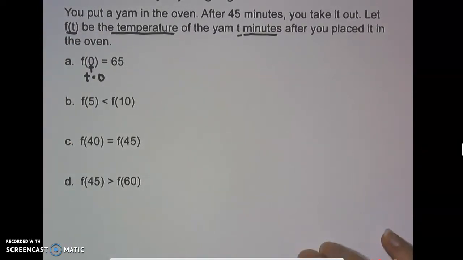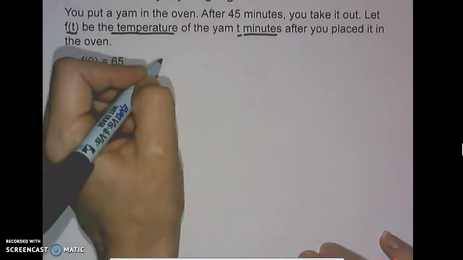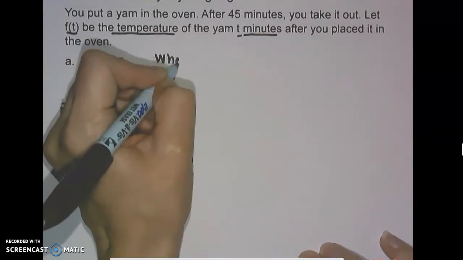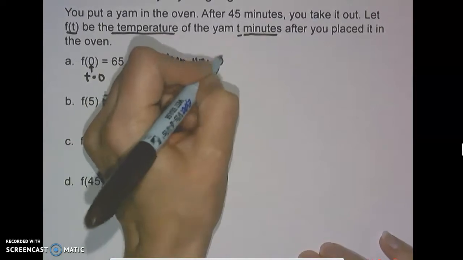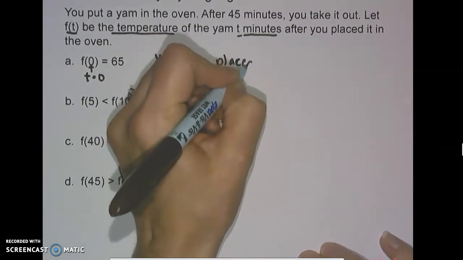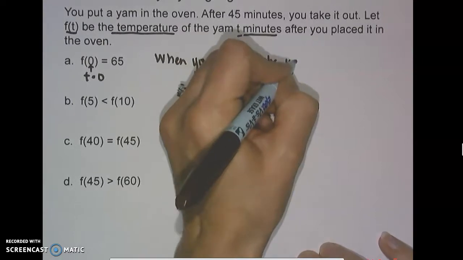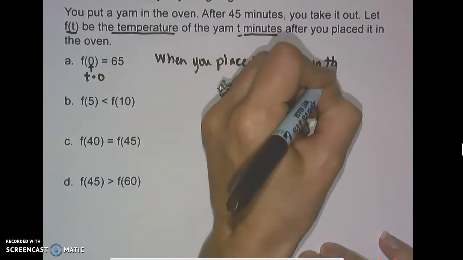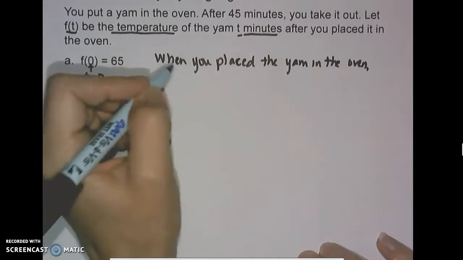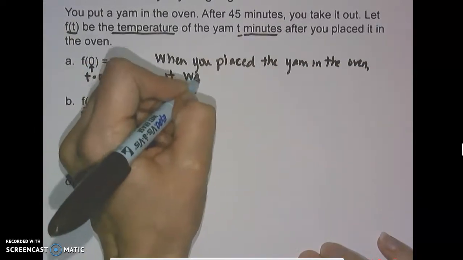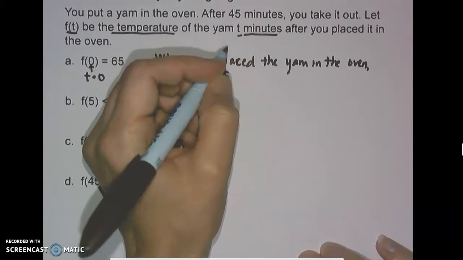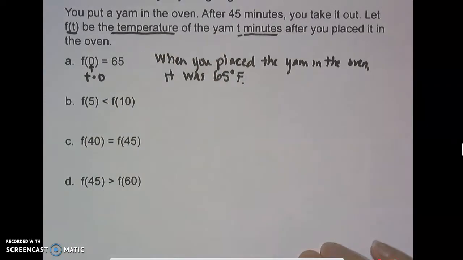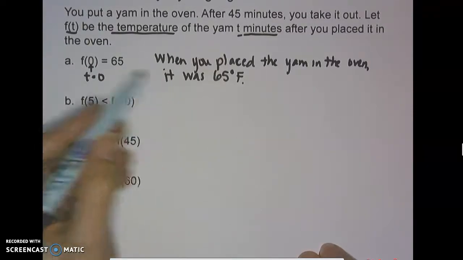So this means when you placed the yam in the oven, it was 65 degrees Fahrenheit. You could have also said at time 0 or at 0 minutes, it was 65 degrees Fahrenheit. Something like that. You don't have to say those exact words. Okay?